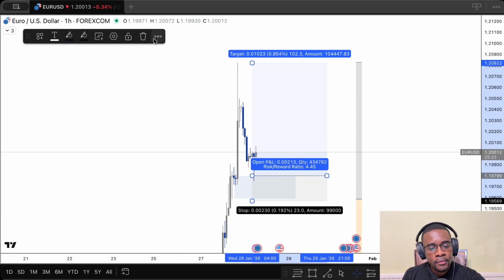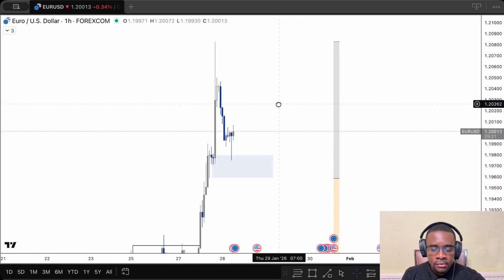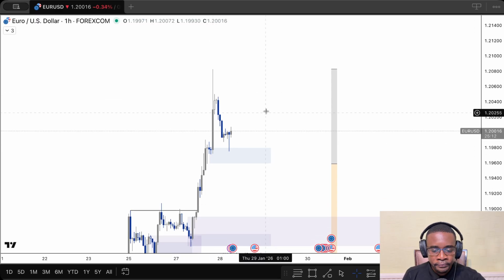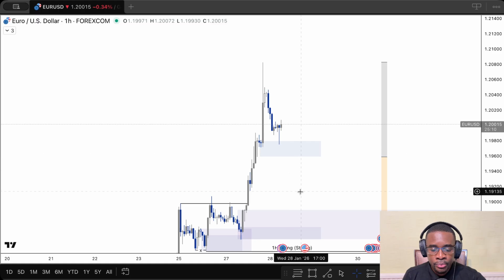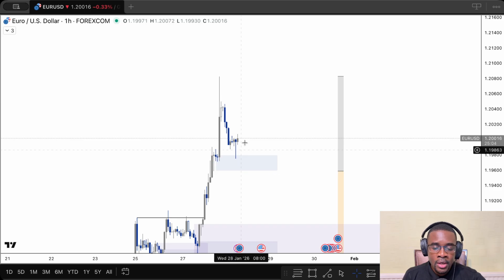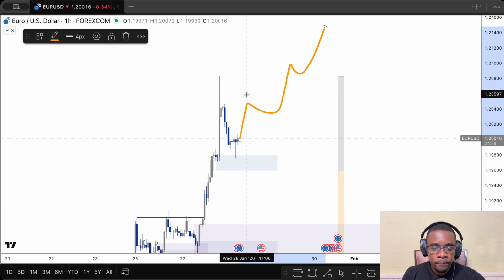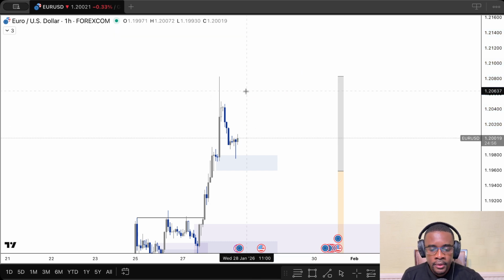So it looks like there is room for price to continue bullish. It has been strongly bullish, so everything is aligned. It is possible that price can just continue going up.